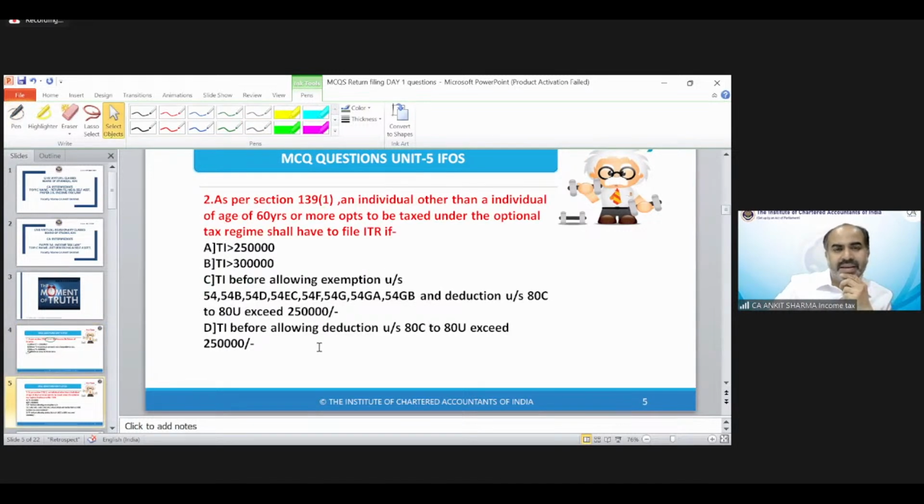Second, as per section 139(1), an individual other than an individual of age 60 years or more who opts to be taxed under the optional tax regime shall have to file ITR if: total income exceeds 2,50,000; total income exceeds 3 lakh rupees; or total income before allowing exemption under section 54, 54B, 54D, 54EC, 54F, 54G, 54GA, 54GB and deduction of section 80C to 80U exceeded 2,50,000 rupees.